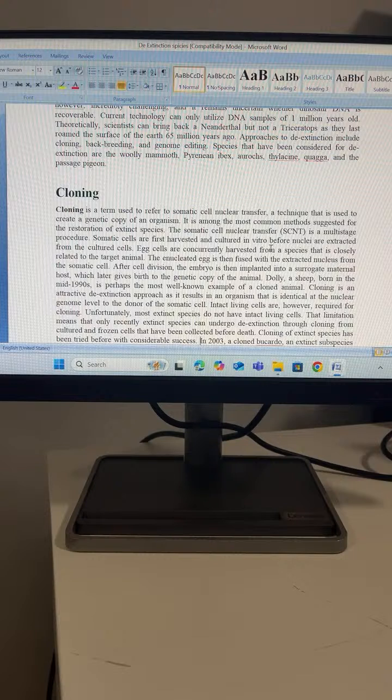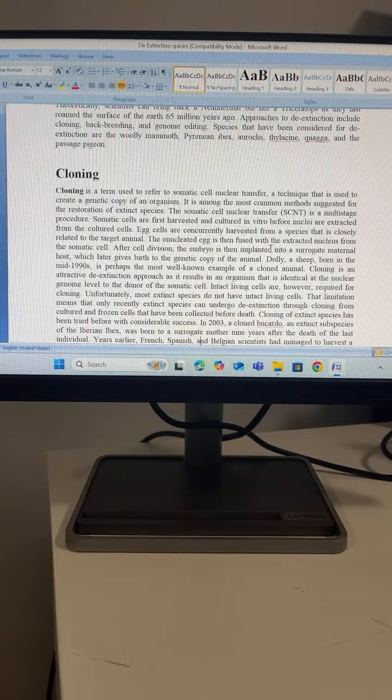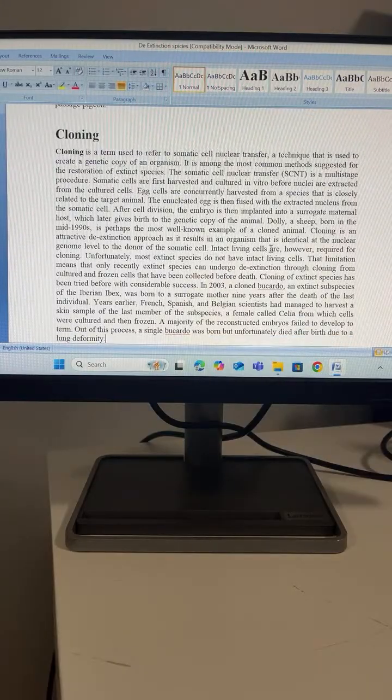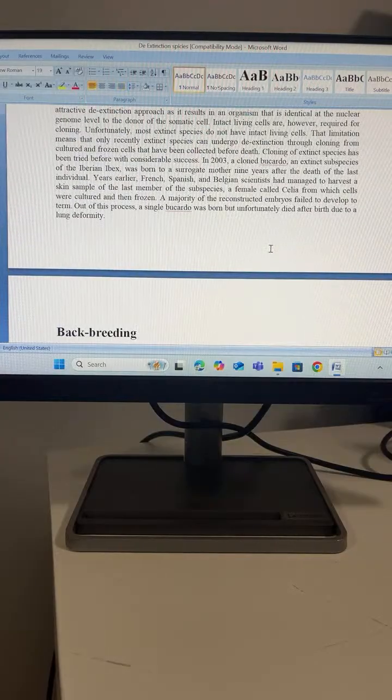That limitation means that only recently extinct species can undergo de-extinction through cloning from cultured and frozen cells that have been collected before death. Cloning of extinct species has been tried before with considerable success.